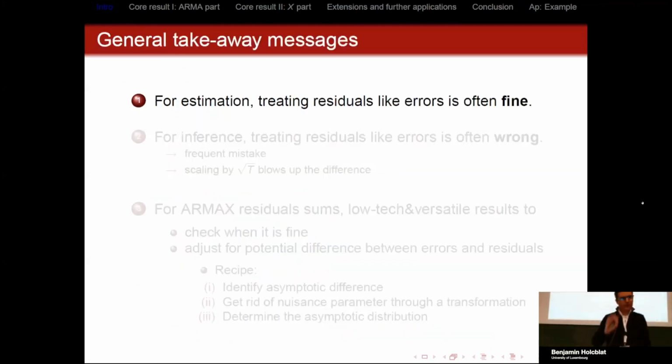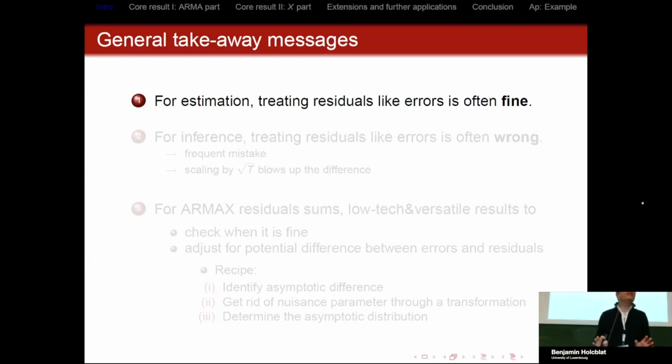Before I dive further into the paper, here is the general takeaway message, if you just leave the room now and you don't want to read the equations and you just want to use R to do some applications. There are three takeaway messages of this presentation.